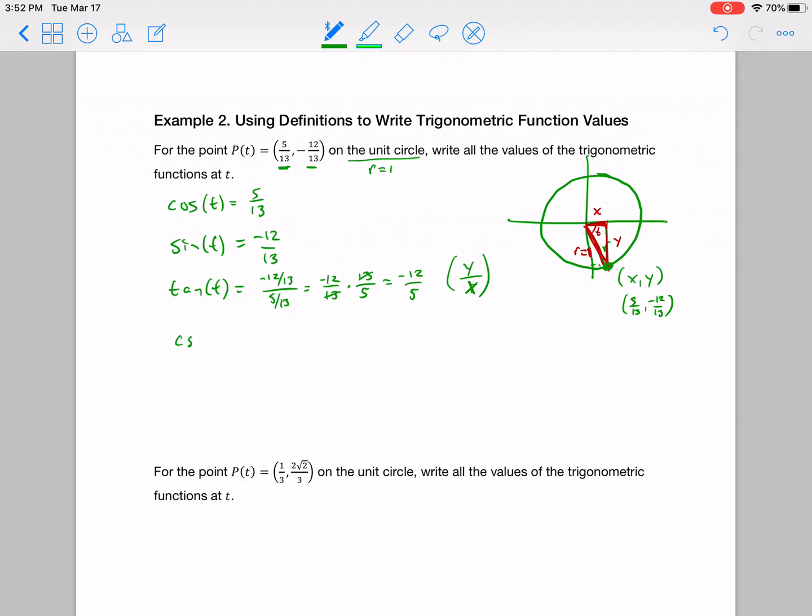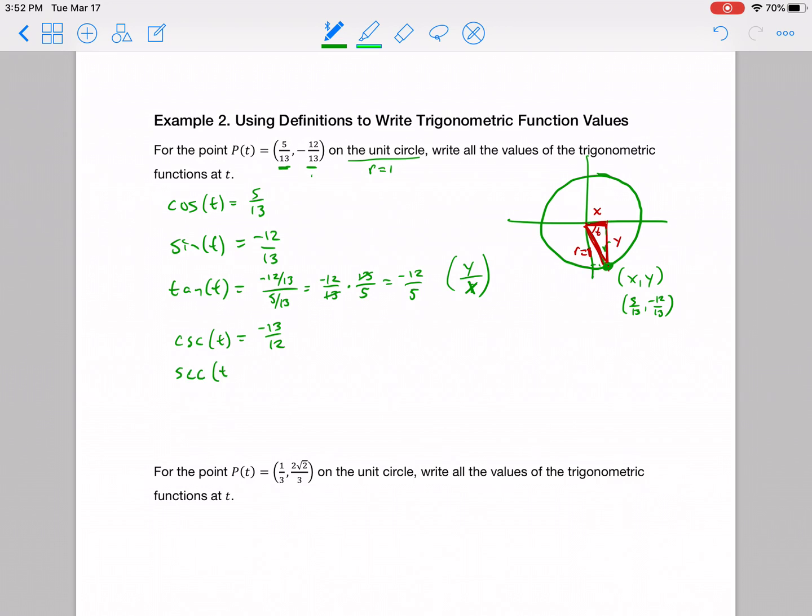So then we have cosecant of t, which is just going to be the reciprocal of the sine value. So it's going to be the reciprocal of our 12/13. So this will become -13/12.